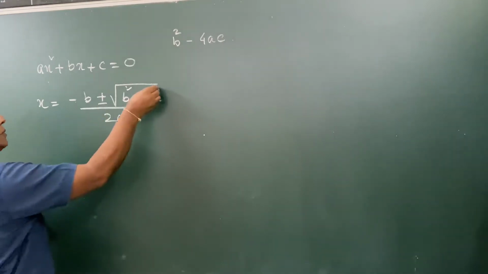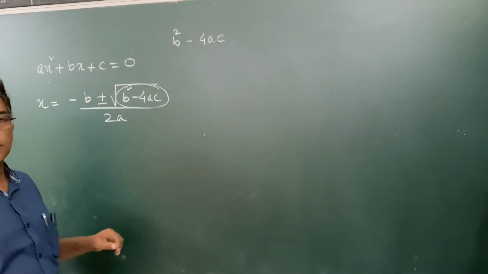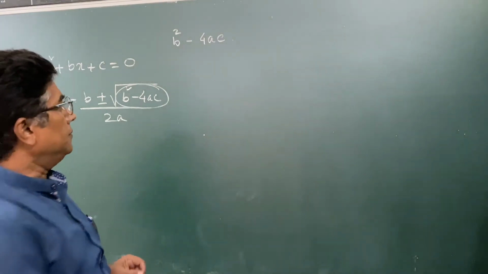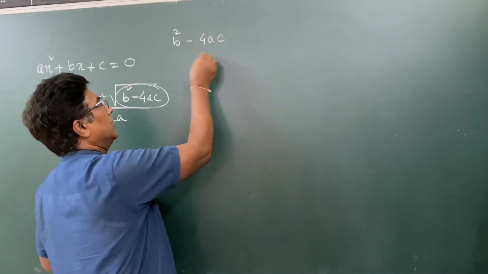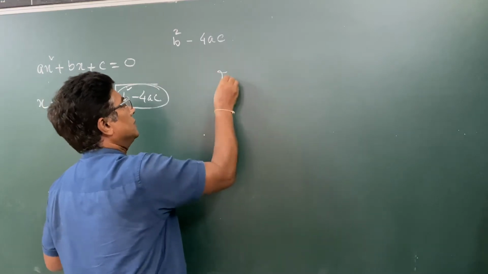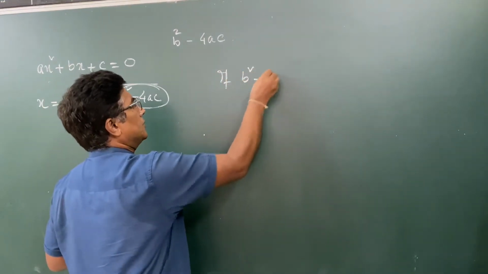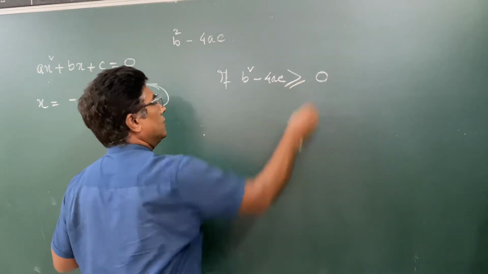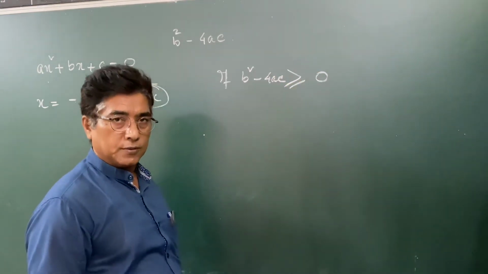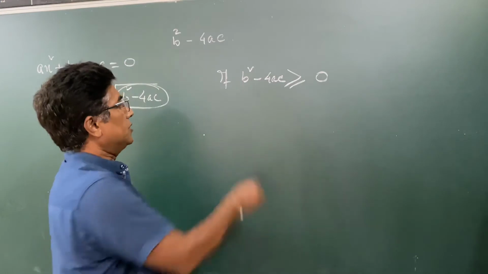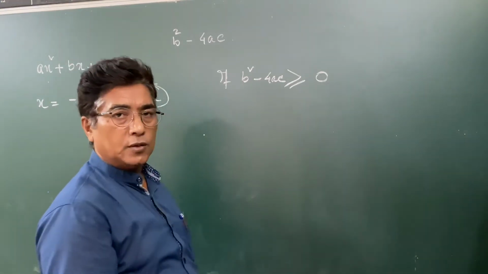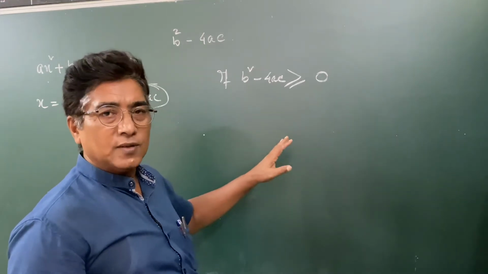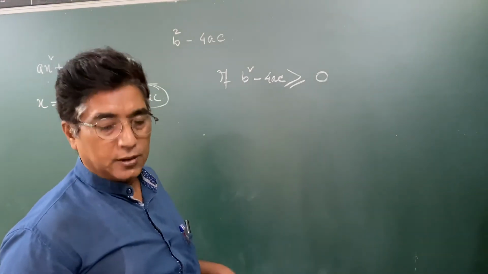So this b square minus 4ac plays an important role, isn't it? What do we know? If b square minus 4ac is greater than or equal to 0, you get real roots. If b square minus 4ac is equal to 0, you get equal roots. And if b square minus 4ac is negative, then unreal roots.